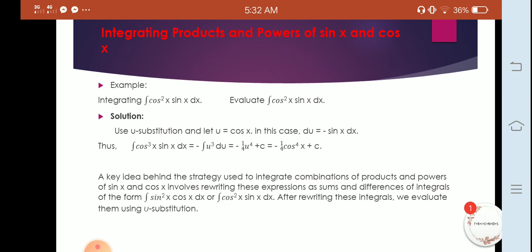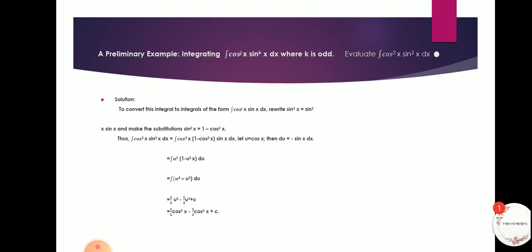After rewriting these integrals, we evaluate them using u substitution. So, a preliminary example, integrating integral cosine^j x sine^k x dx where k is odd.